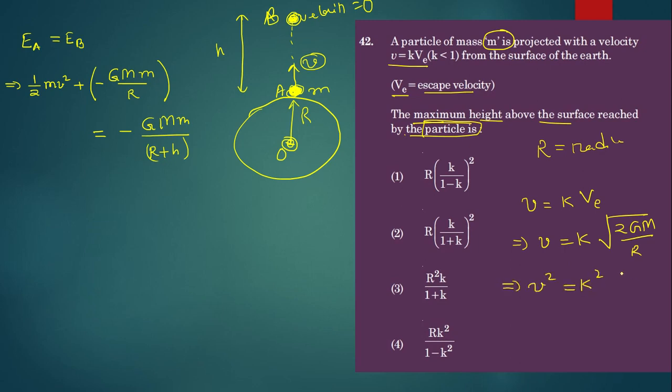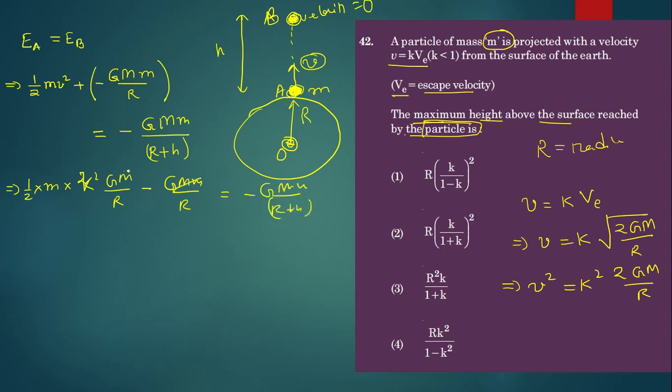So if I square it, it will be equal to twice G M divided by R. Now what I will do is put this value here. So half into m multiplied by k square 2 G M divided by R, minus G M m divided by R, equal to minus G M m divided by R plus h. So this G M m will be cancelled. This 1 by 2 will be there.